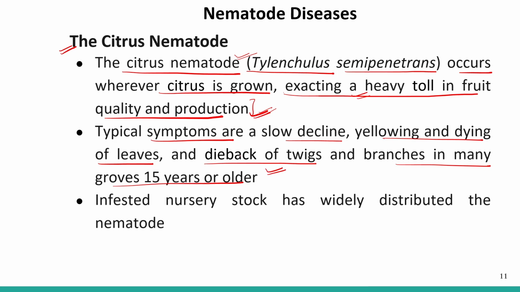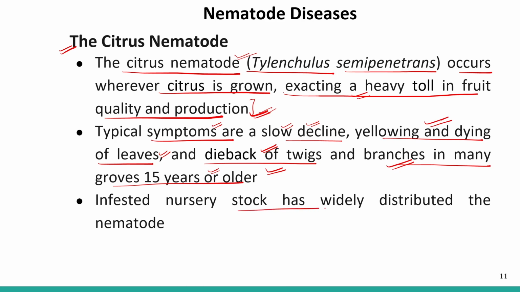So the symptoms of this nematode infection are slow decline of the plant. The plant does not decline very fast, but the decline is quite slow. Yellowing and dying of leaves, dieback of twigs and branches in many groves, that is 15 years or older plants.